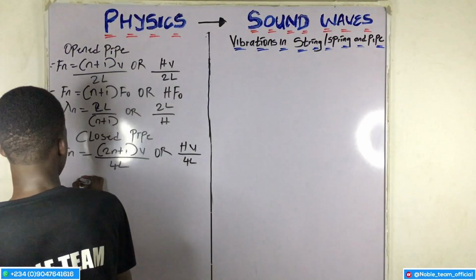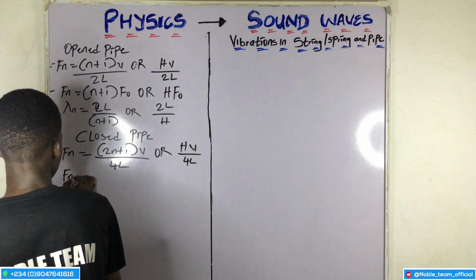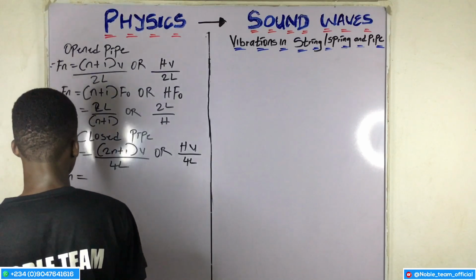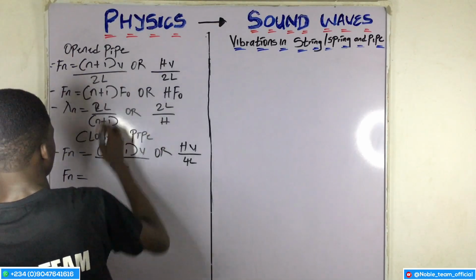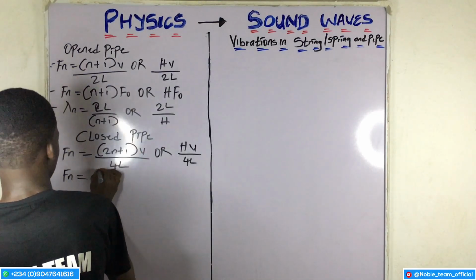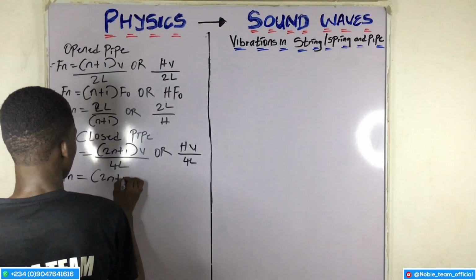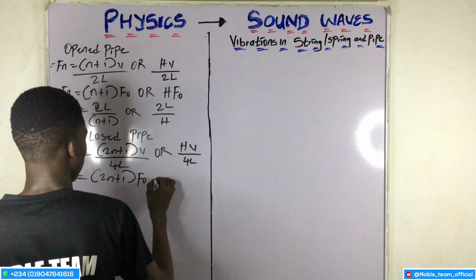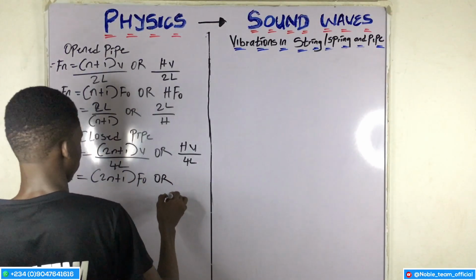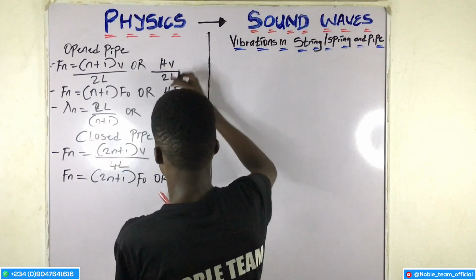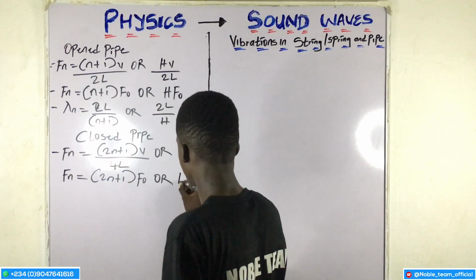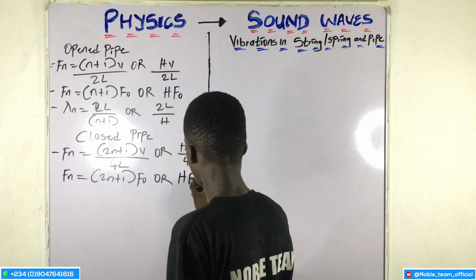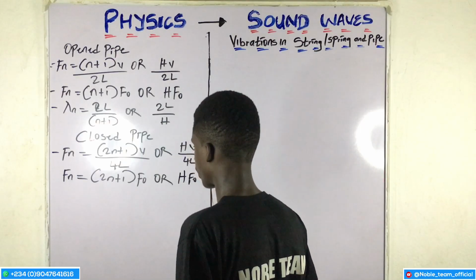I can also say that Fn is equal to (2n plus 1), or I can simply say it is H times the fundamental frequency. Okay, good.